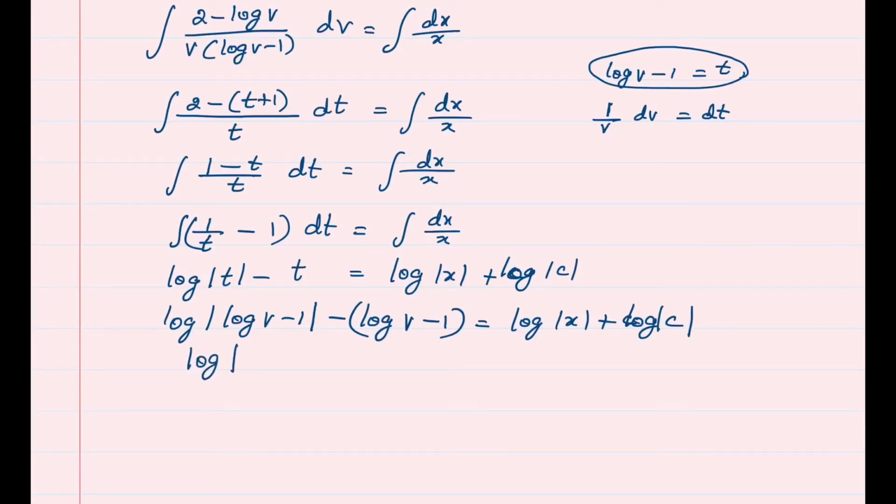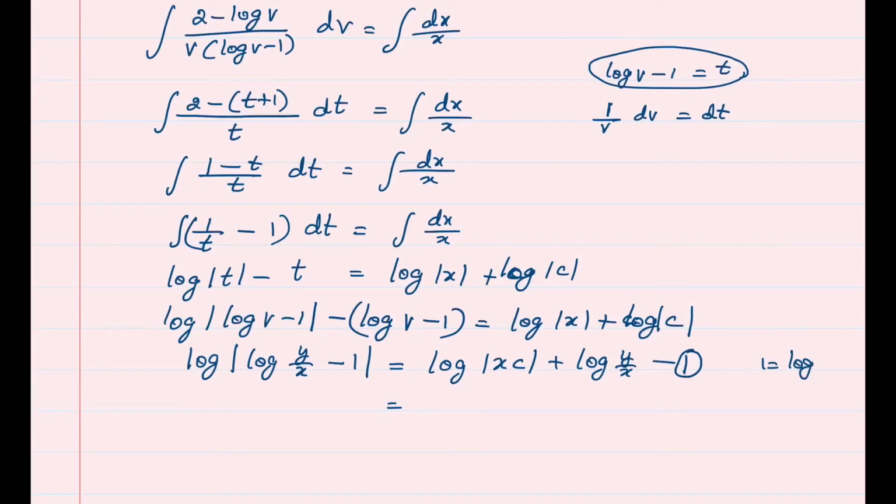Log of absolute value of log y by x minus 1 equal to log xc plus log of v, which is y by x, plus 1 will become minus 1. Now, this 1 can be written as log e to the base e, so that we can combine these log terms. We get xc times y by x divided by e.